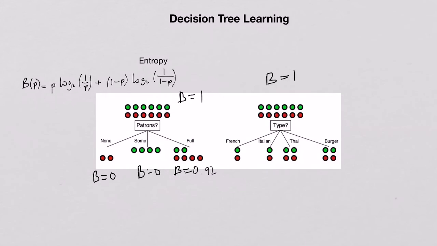And what is the average information after this? We're going to weigh this by the size of each distribution. So it's going to be 1/6 times 0 plus 1/3 times 0 plus 1/2 times 0.92, and that comes out to approximately 0.46.